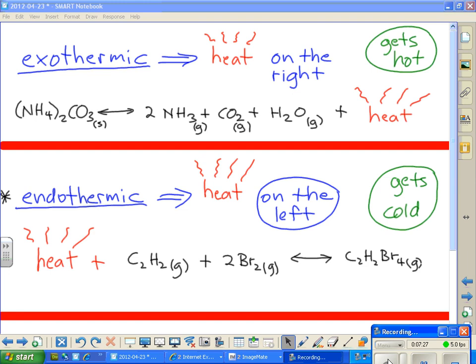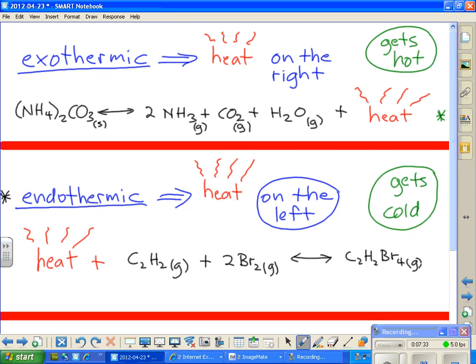The difference is that we treat heat as a product for exothermic. Okay, right here, there's our heat. On the exothermic, heat is a product, on the right. On the endothermic, heat is a reactant. It's on the left side.